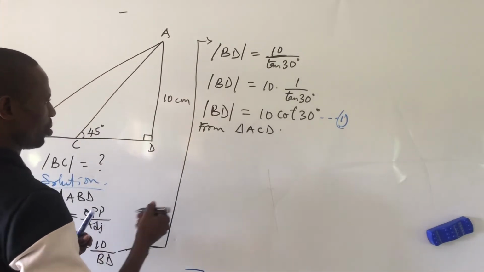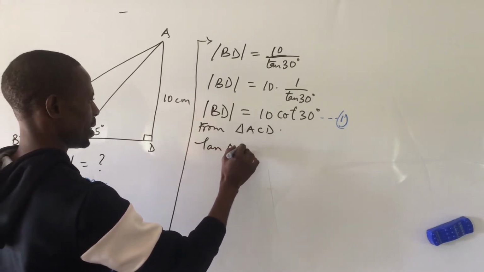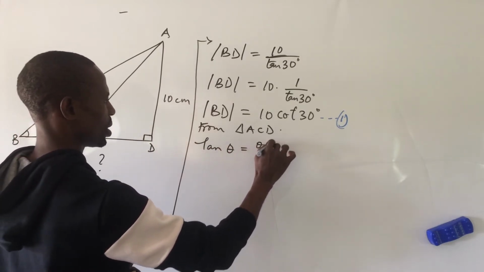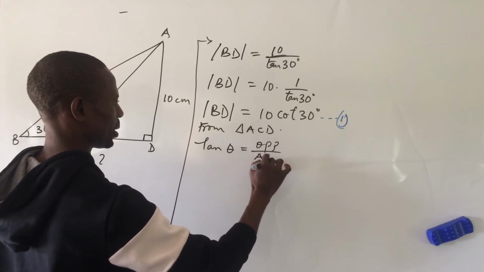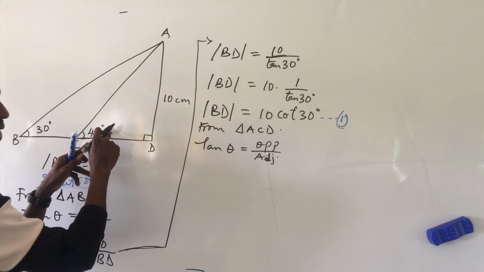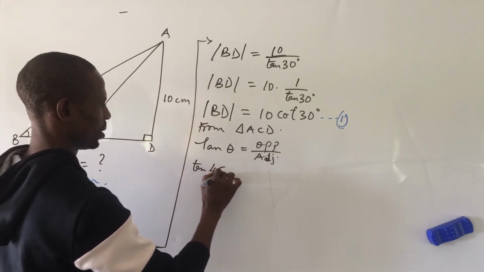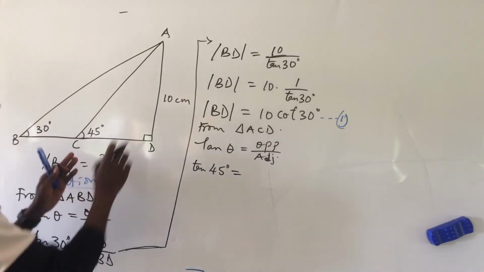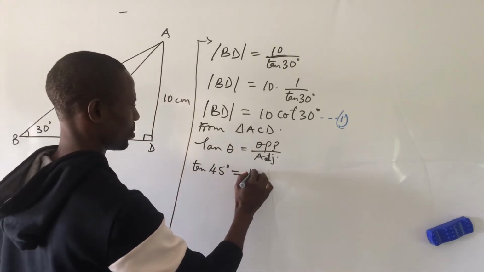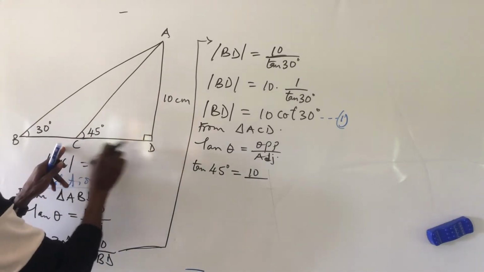So we're going to have tan theta again equal to opposite all over adjacent. What is our theta this time around? It's 45. So we have tan 45° equal to our opposite, which still remains 10, all over CD.